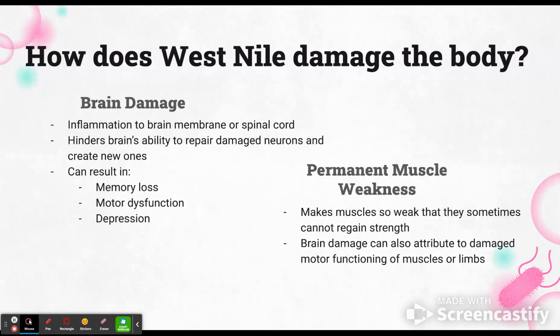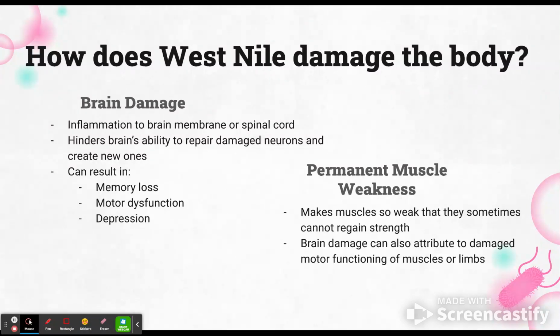And how does West Nile damage the body? Of the severe cases, sometimes West Nile can have a long-term effect on the body, and typically it looks like brain damage. When encephalitis or meningitis develop, there's inflammation to the brain membrane or the spinal cord, and this hinders the brain's ability to repair damaged neurons and create new ones, which can result in memory loss, motor dysfunction, or depression, depending on what part of the brain it damages.